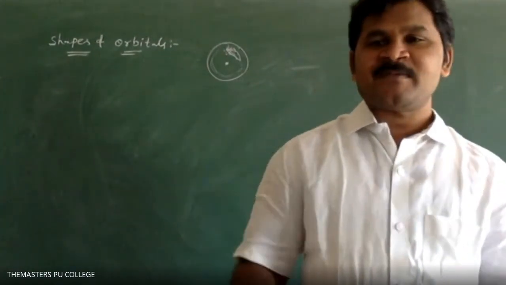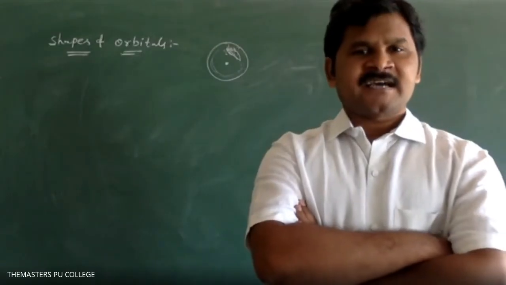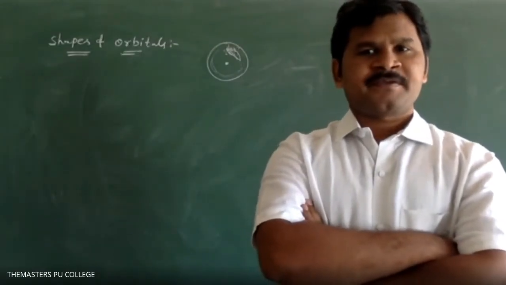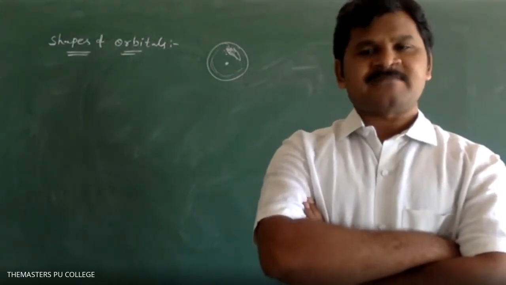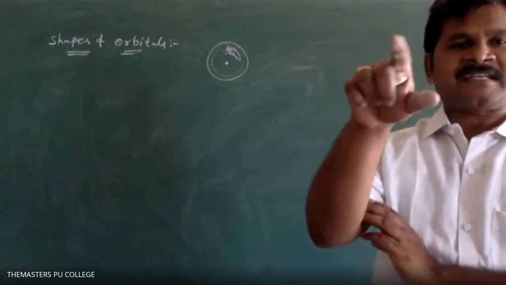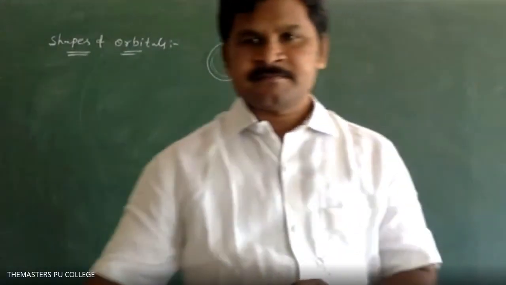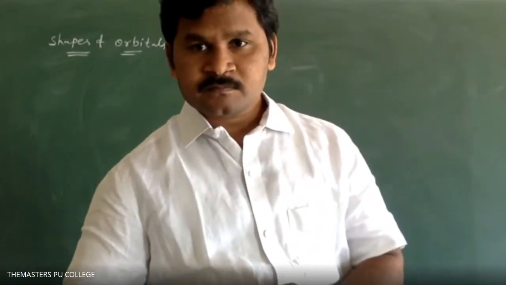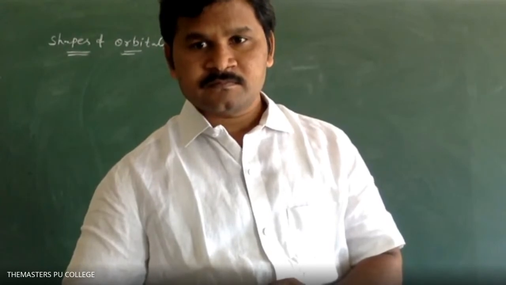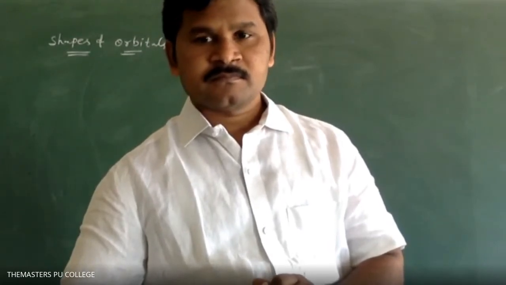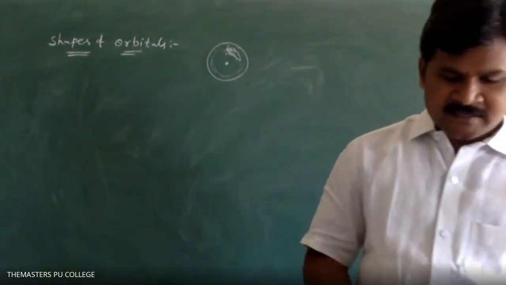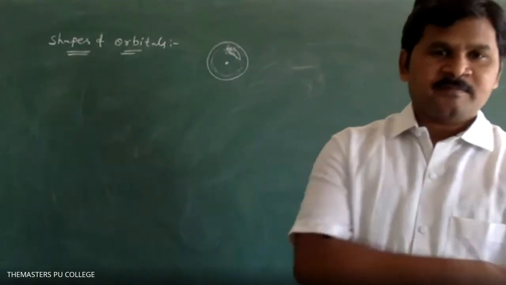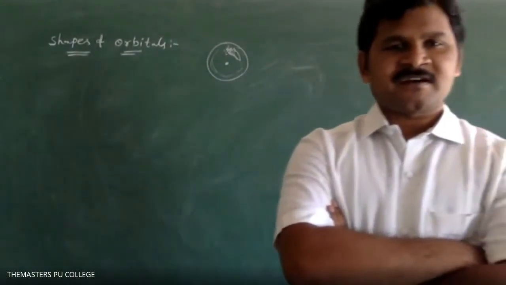So that is 95%. Can you repeat, please? The space around the nucleus where the probability of finding an electron is maximum. Write in bracket maximum, 95%. A space around the nucleus where the probability of finding an electron is maximum is called orbital.